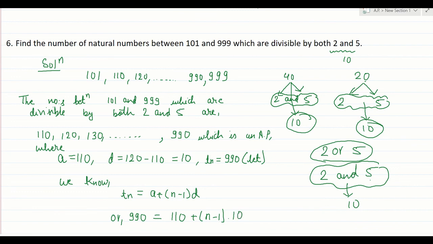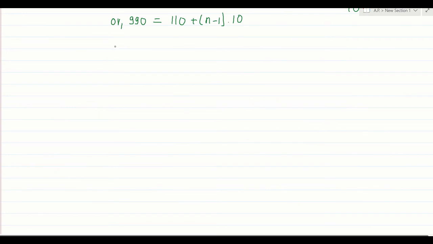Now, 990 minus 110 is equal to 10n minus 10, or on subtraction we are getting here 880.